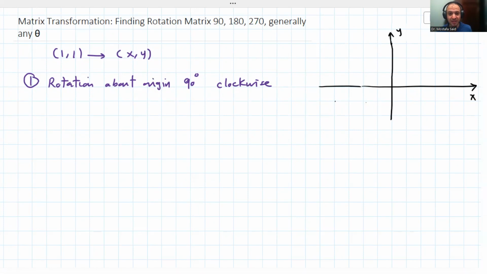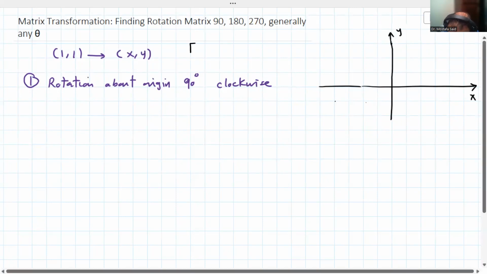So what do we need to do? First, we're gonna start with a trick, and we're gonna build on it. What if you have a vector, x and y, and we're gonna see what the identity matrix will do to that vector.